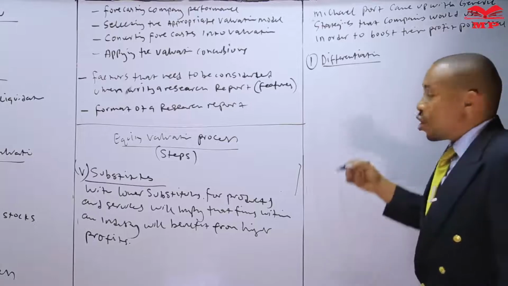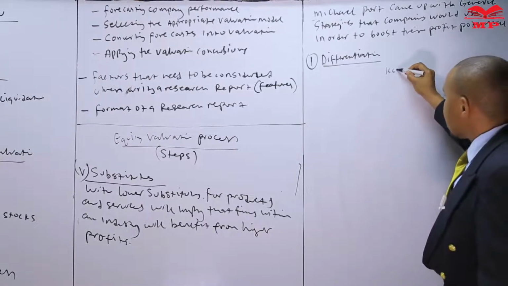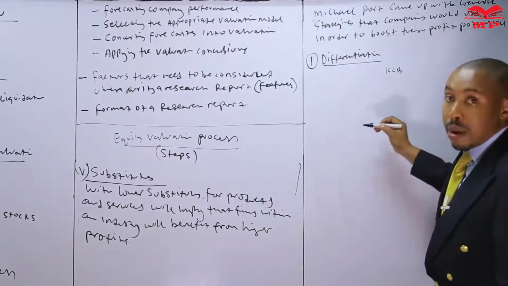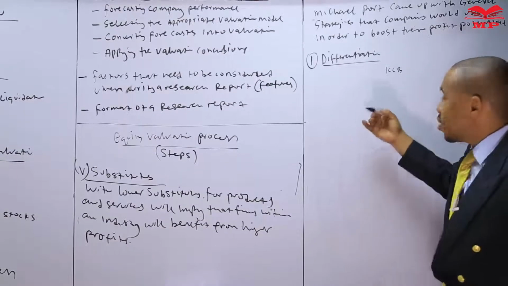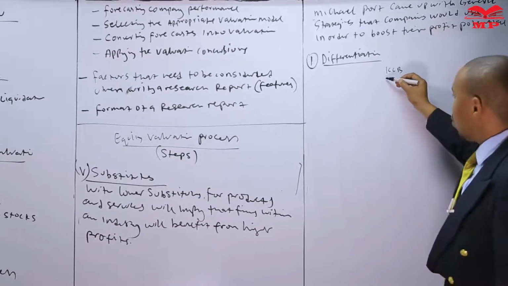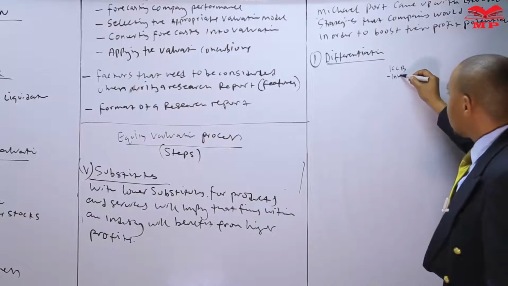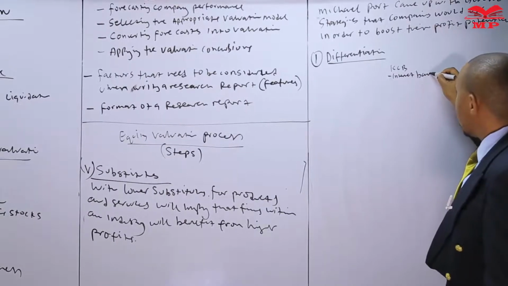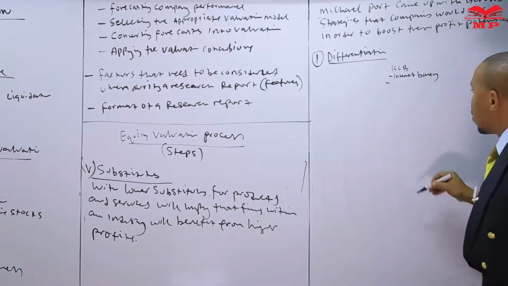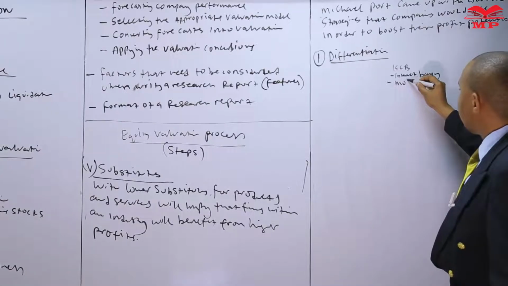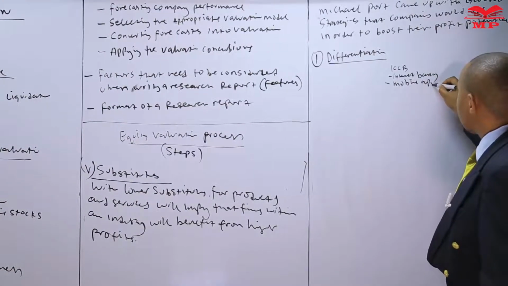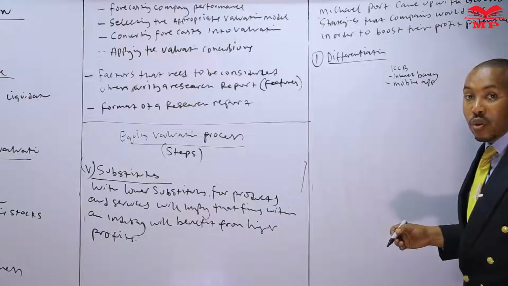In differentiation, using the example of KCB, the bank can come up with products or services that are unique to it. They could offer internet banking. They could come up with a mobile app for easy access of loans.